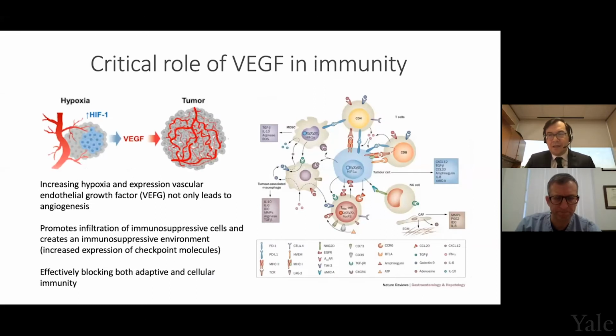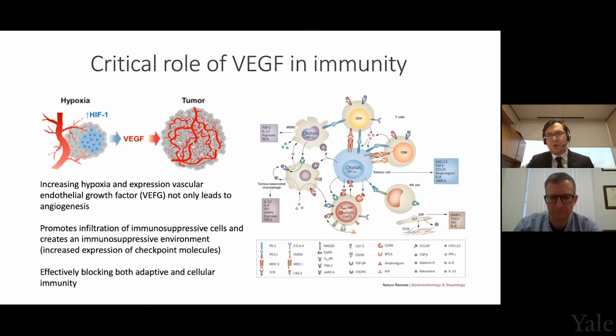What is the rationale behind combining those two agents, an immunotherapy and an angiogenesis inhibitor? The rationale revolves around the central role that VEGF plays in changing the environment of the tumor cells and the stroma surrounding the tumor cells.